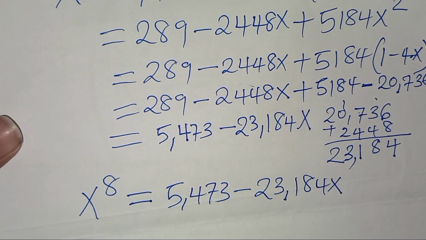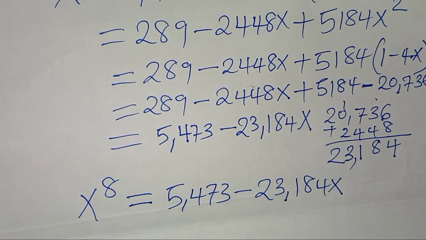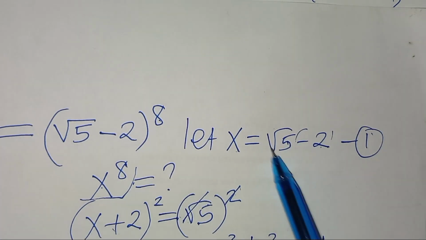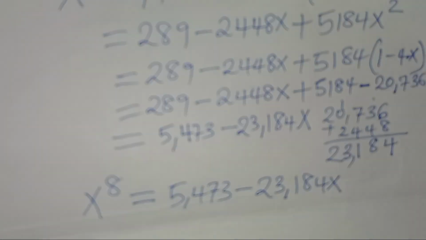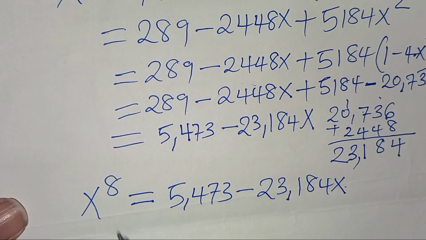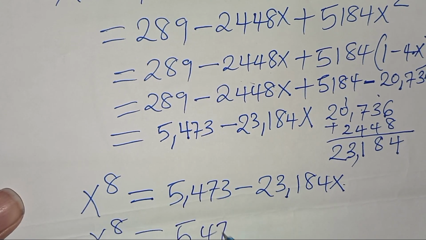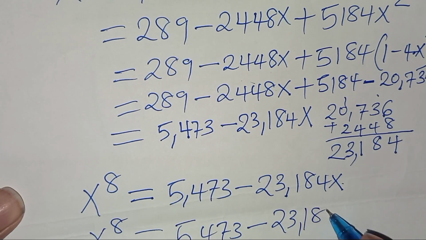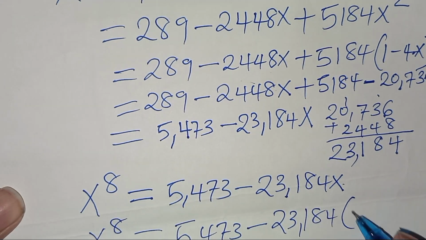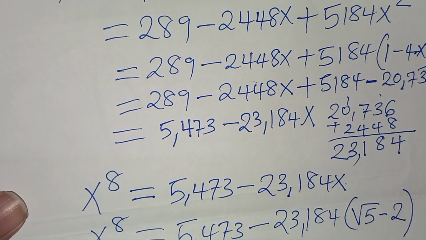23,184x. Okay, but if you recall, we said that let x be equal to square root of 5 subtract 2, which was equation 1. So let's substitute the value of x. So x to the power 8 is 5473 subtract 23,184 into the parentheses square root of 5 subtract 2, which is the value of x.